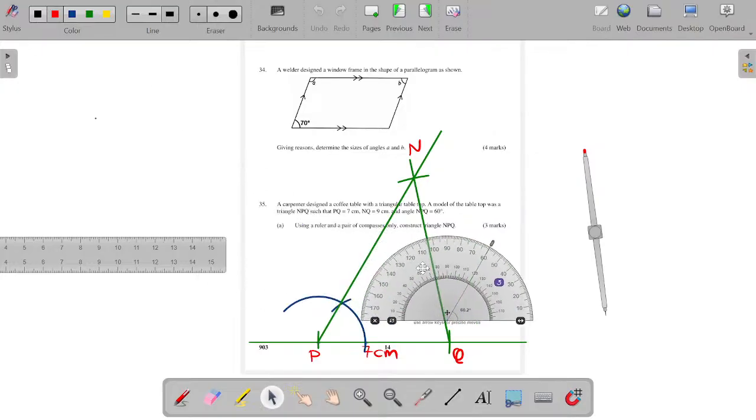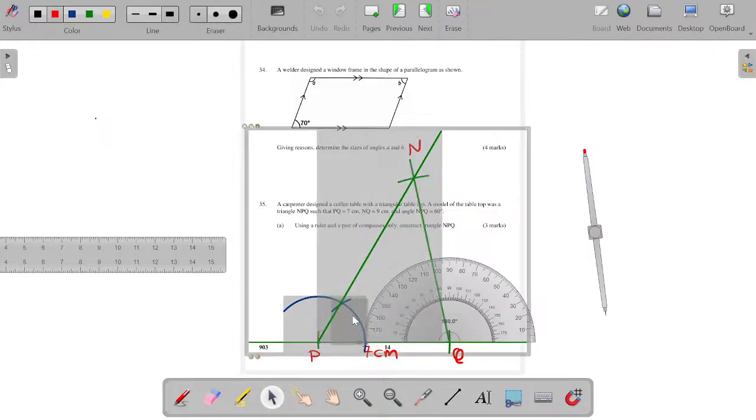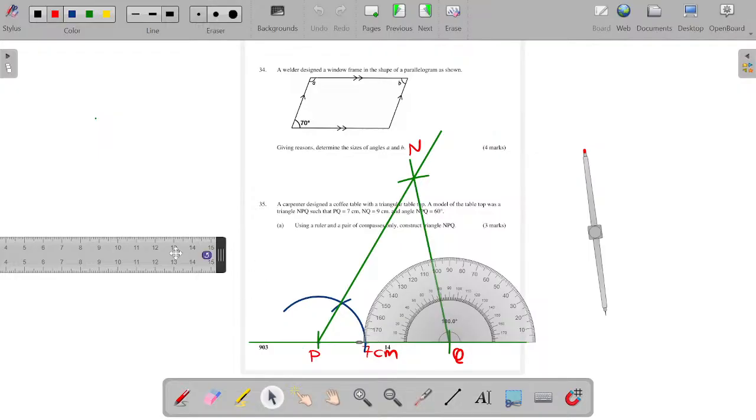I want the size of this angle. I want the size of that angle. Let me magnify it.